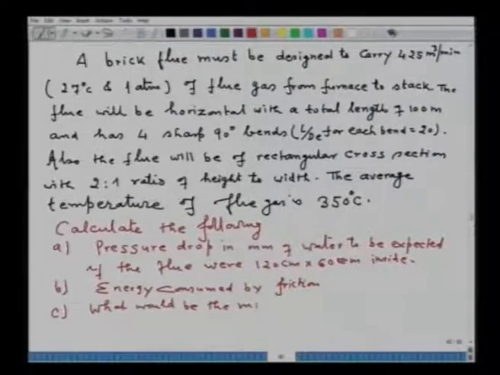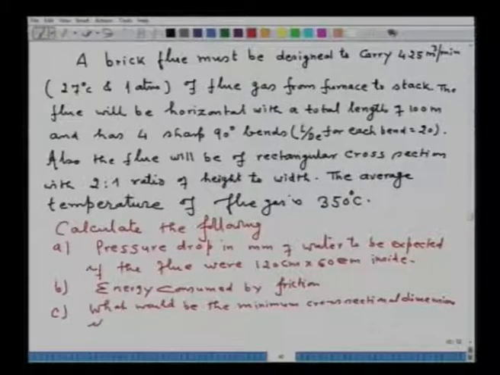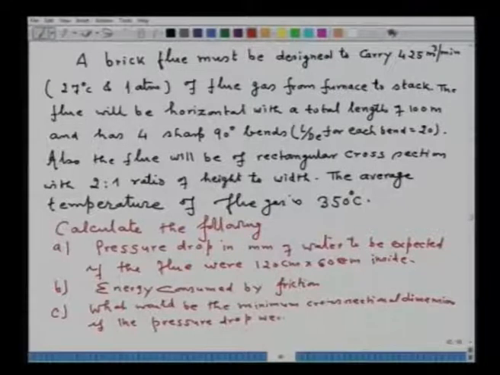the minimum cross sectional dimension if the pressure drop were limited to 2.5 millimeter of water.